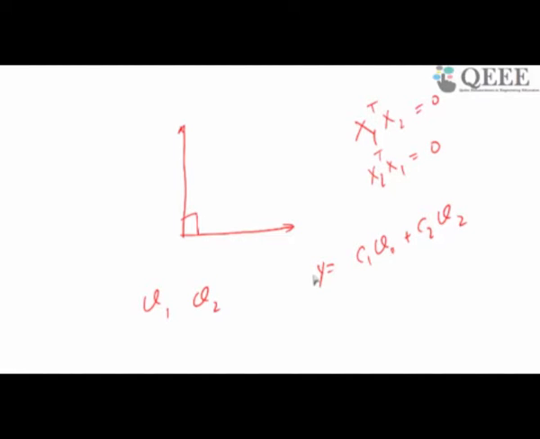I can multiply on the left by v1 transpose: v1 transpose y is c1 v1 transpose v1, and v1 transpose v2 goes to 0 because I have chosen v1 and v2 to be orthogonal. So c1 is directly v1 transpose y divided by v1 transpose v1. Similarly, c2 will be v2 transpose y divided by v2 transpose v2.